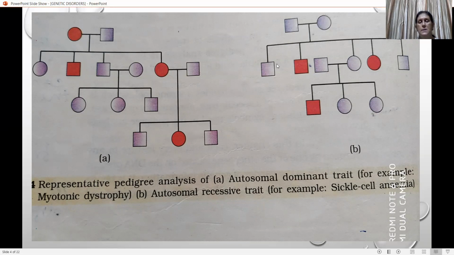But in the next generation they produce offspring, sons and daughters, where two sons are normal, one son is affected, one daughter is affected, and another son is normal. So one daughter and one son are affected, but the other three sons and one daughter are normal.